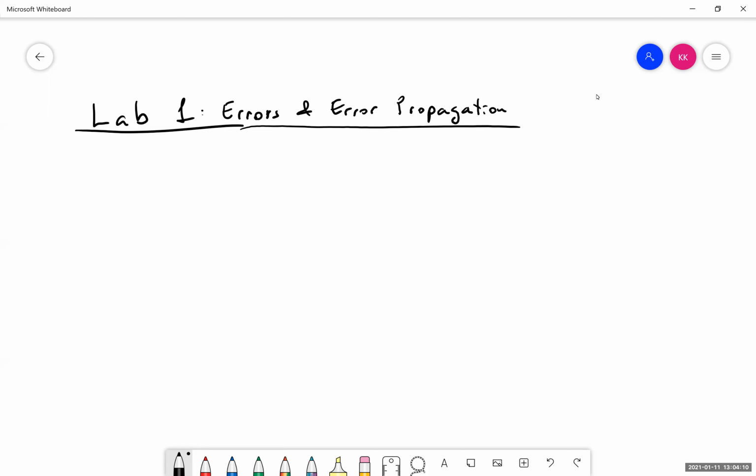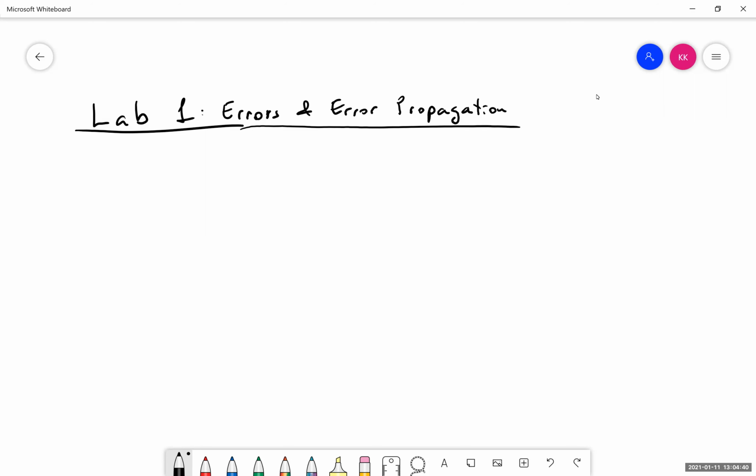In this lab, we're going to talk about different techniques and ways to represent our data, and how to calculate quantities like average, uncertainty, standard deviation, relative error, and percent difference. Those are the things we're going to go over in this lecture.